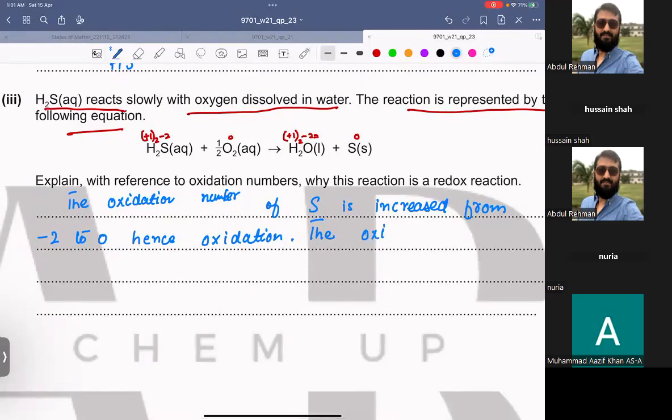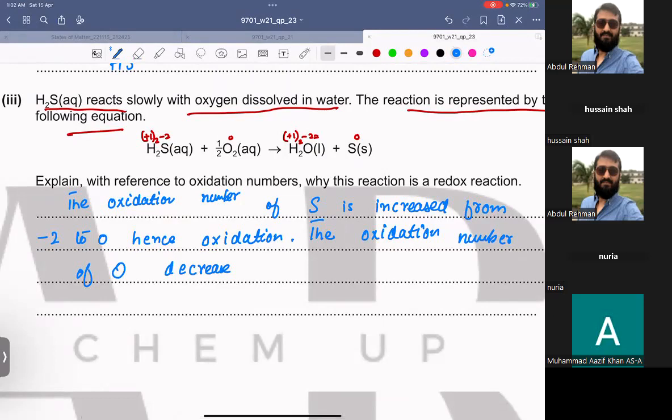The oxidation number of oxygen decreases from 0 to -2.